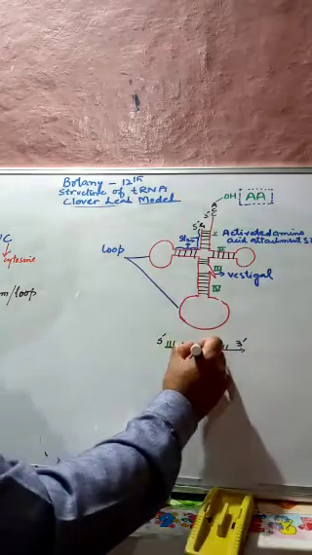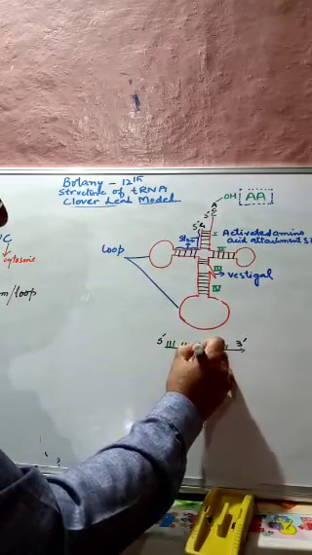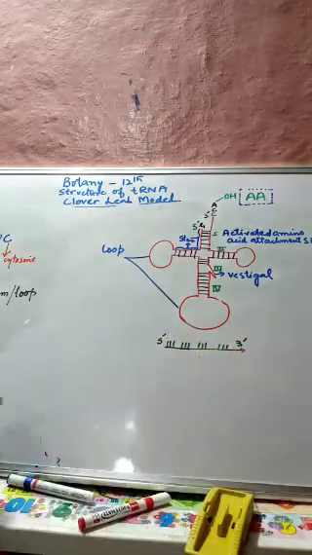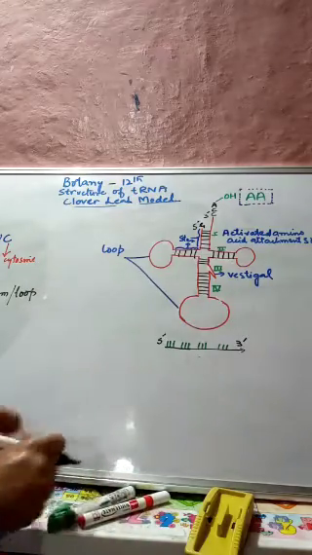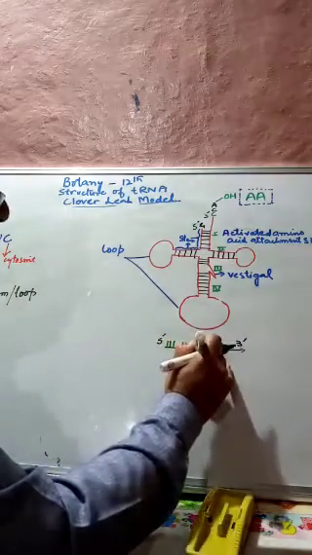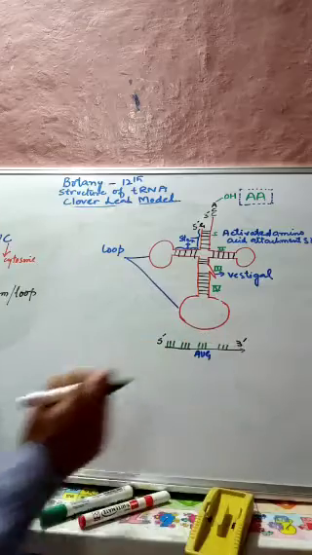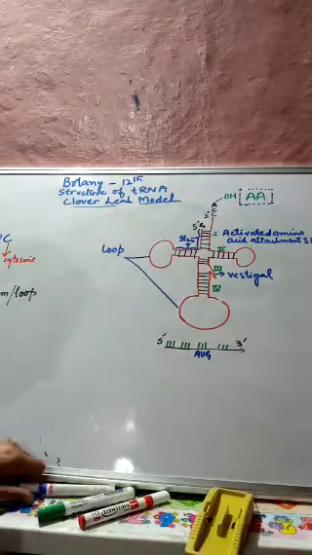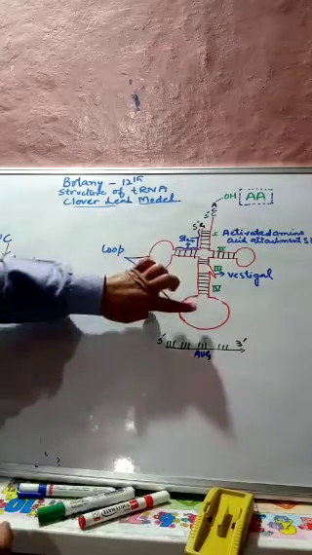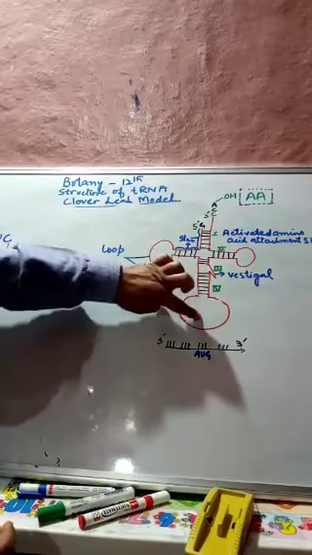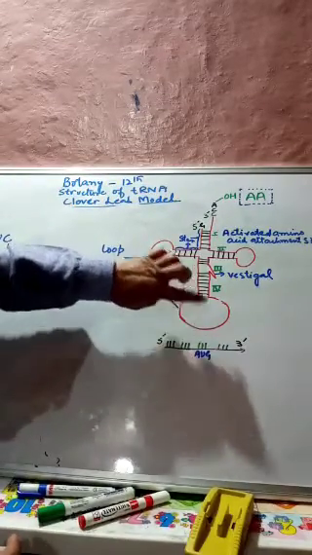For example, if this is AUG, now this anticodon decides the type of amino acid which will attach at the 3' end.